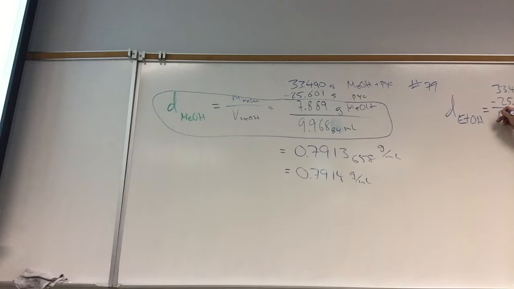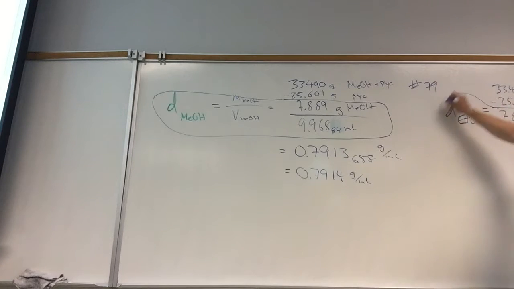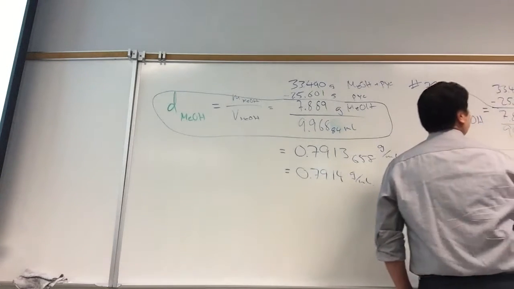So, is that right? Yes? No? That's right? Okay. Divided by the volume, we have the volume. Volume is going to be 9.96884 milliliters. Okay, so this part is the density here.